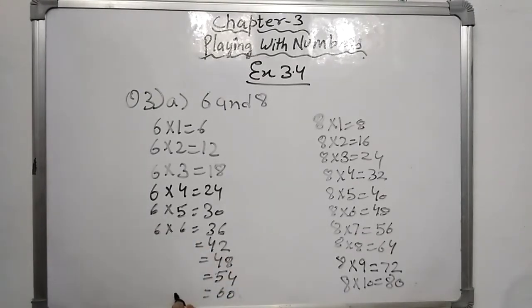So here we can see 6 tens are 60 and 8 tens are 80.